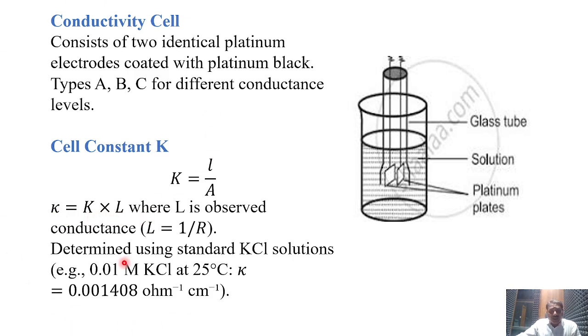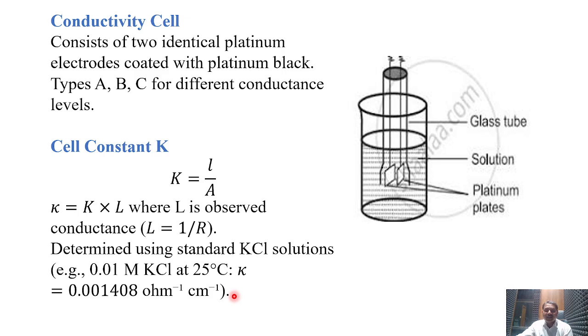So cell constant can be determined by using standard KCl solution, for example 0.01 molar KCl solution at 25 degrees centigrade has a specific conductance of 0.001408 per ohm per centimeter. So we have to determine the cell constant of the solution and for that we need the value of specific conductance of KCl.